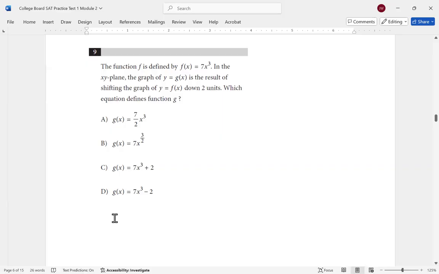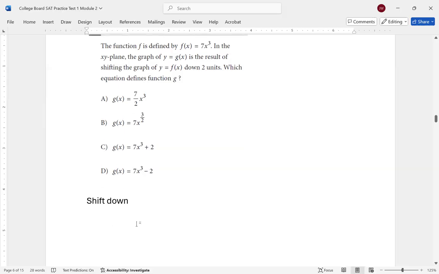So this is knowing that a shift down is a subtraction of a number from our result. So what we're going to do, a shift down of 2 units, is taking my expression, which is 7x raised to the third power, and subtracting 2 units off of the end of that.